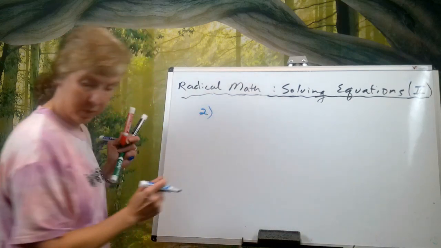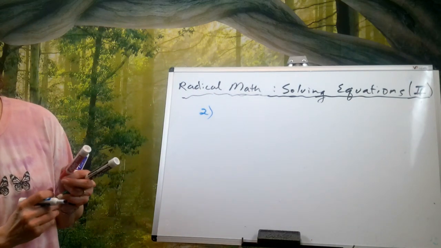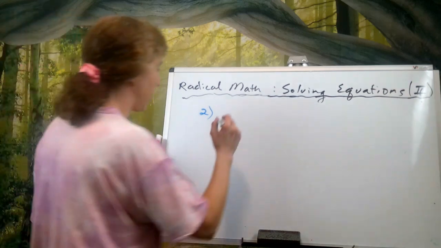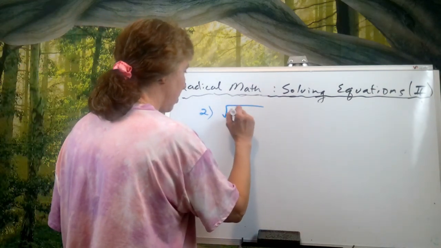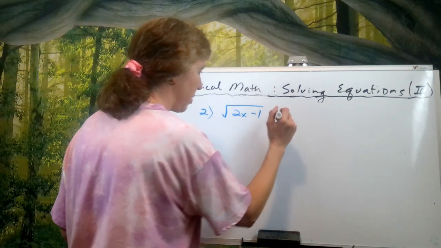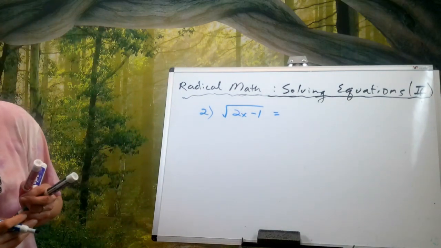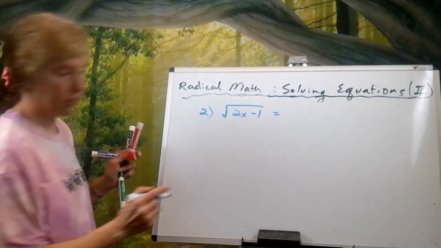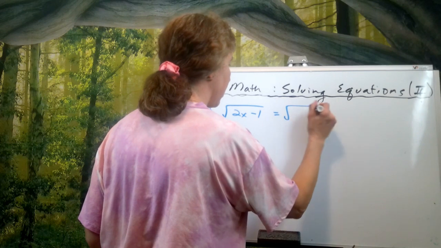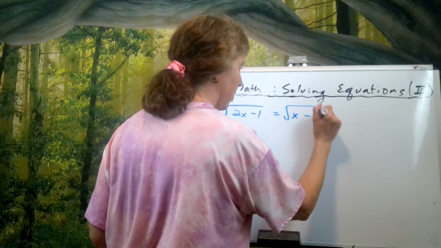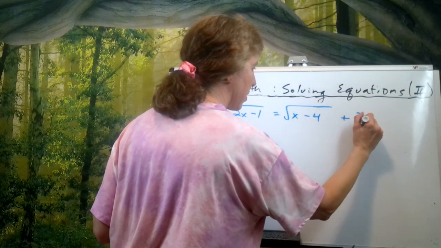This one we will do the square root of 2x minus 1 is equal to the square root of x minus 4 plus 2.